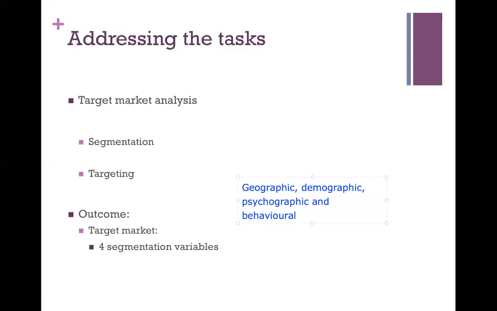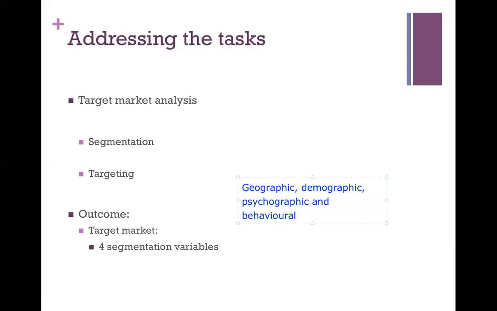Demographic in here is different to the demographic environmental force that you analyzed in the second assessment. Demographic in here is about the market segments that you expect to be your customers based on demographic variables. What is the demographic variable?